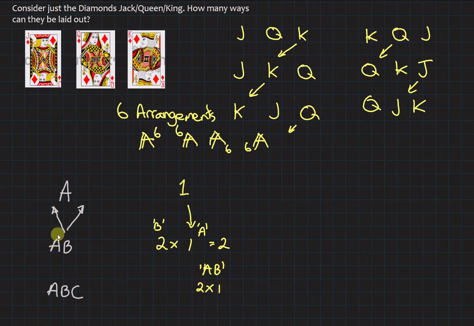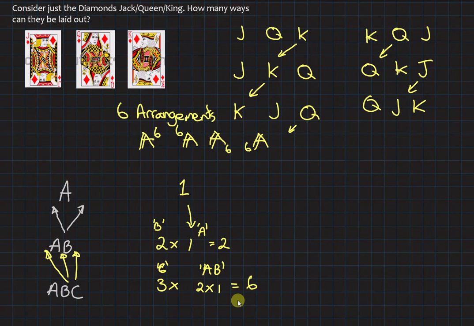And how many places could I put C? Well, C could go before the A, before the B but after the A, or after the B. So there are 3 places that C could go. So C can go in 3 places. That gives me 3 times 2 times 1, like we've seen, that's 6.